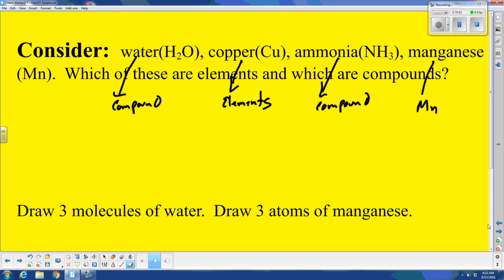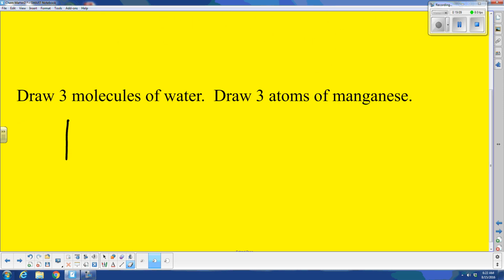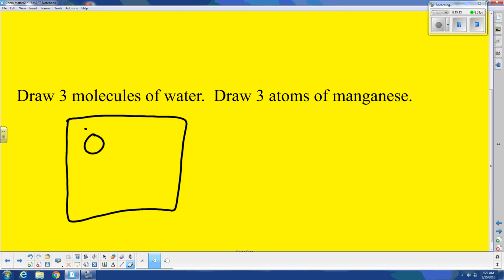There we go. So let's draw then 3 molecules of water. I'm going to have an oxygen, put a couple hydrogens on it, overlapping, oxygen, couple hydrogens on it, and oxygen, couple hydrogens on it.